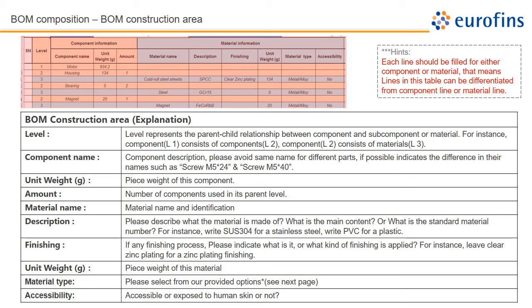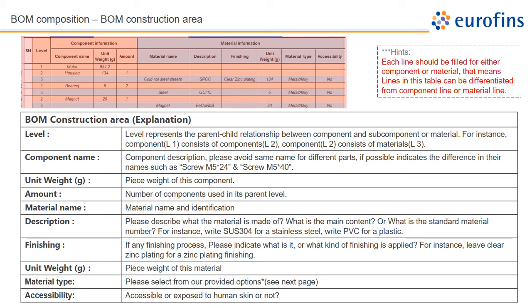40. Unit weight means the piece weight of this component, and the amount is the number of components contained in its parent level part. Material name is a basic introduction, and the material description requires much more explicit information about this material.